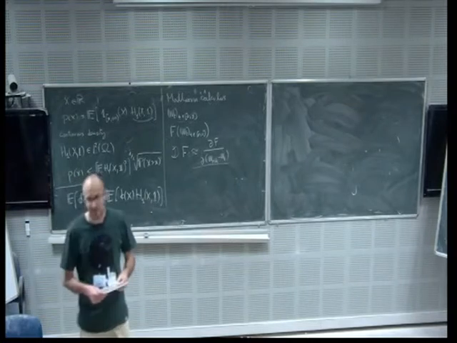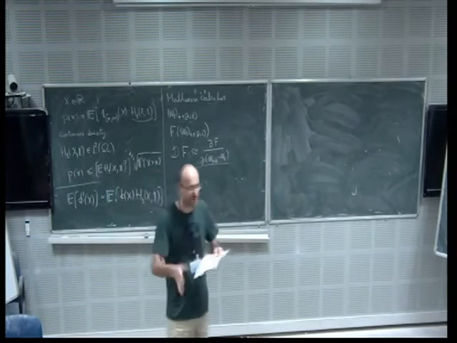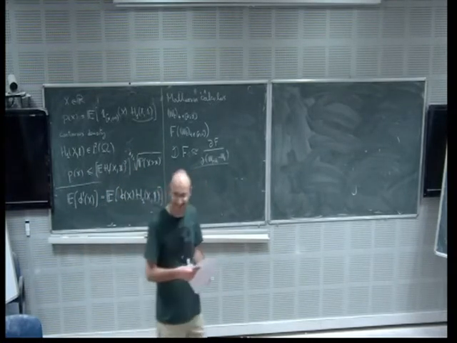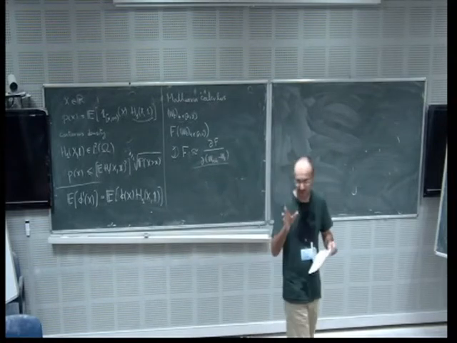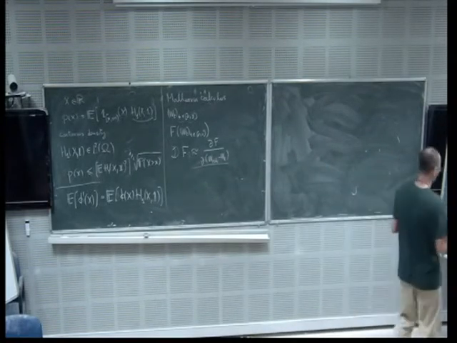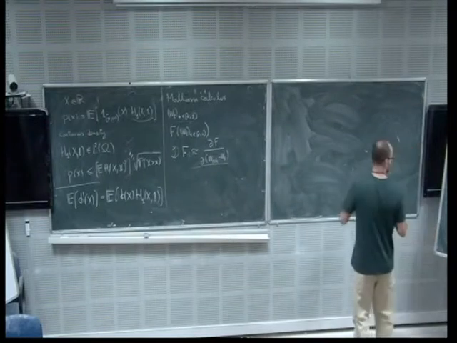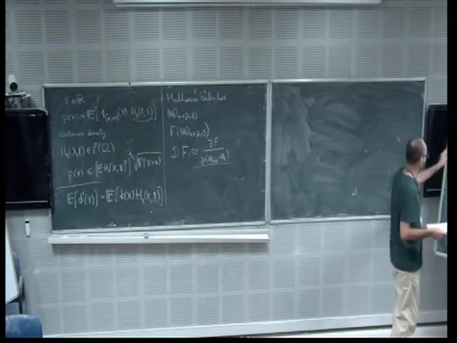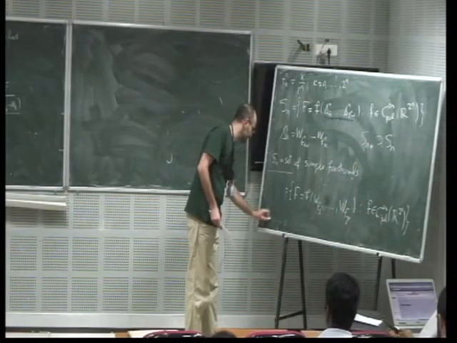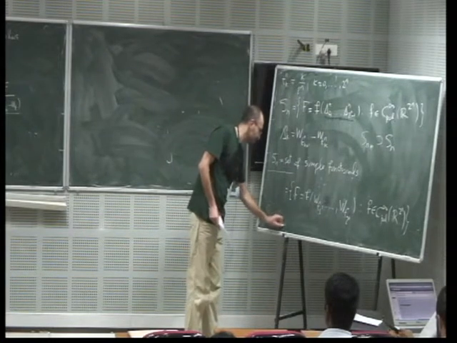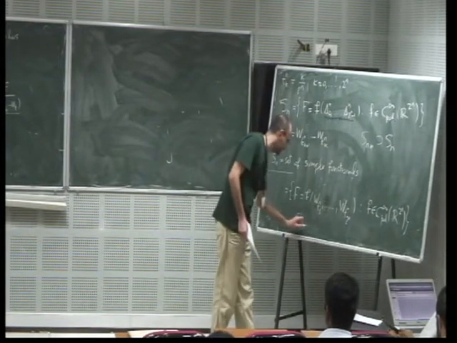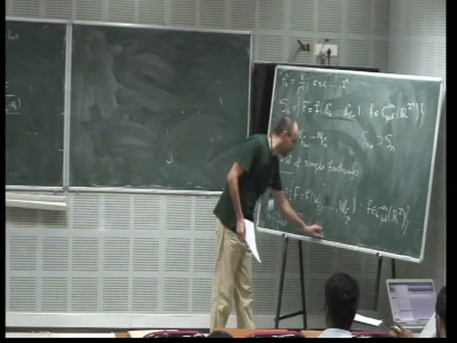Okay? So he already understood everything. For all the others, okay, so I keep going. These Sn are increasing, and we define S infinity as the union of all Sn.